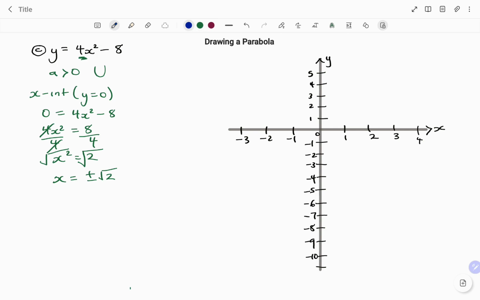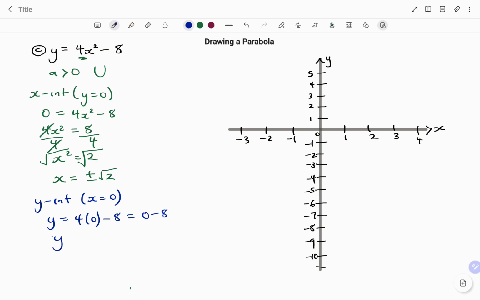The next step is to find our y-intercept. And at the y-intercept, the value of x equals 0. Therefore, every occurrence of x we replace with 0. We have y equals 4 times 0 squared, that's 0, minus 8. Therefore, that will give us 0 minus 8.